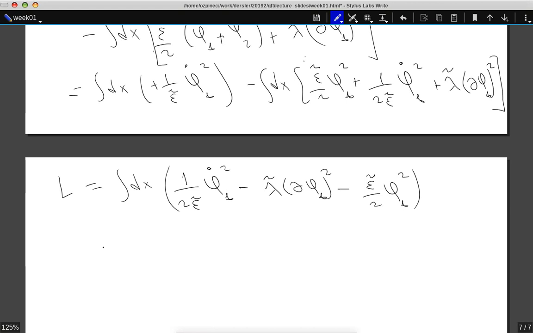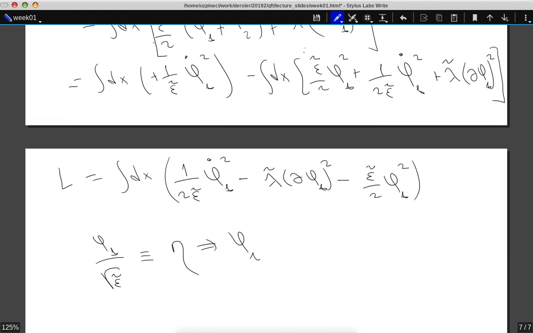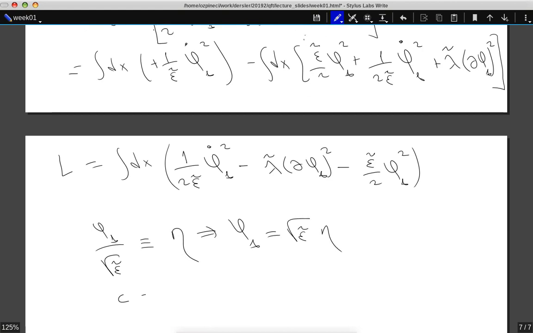I will call phi 1 over square root of epsilon tilde my new field. Well, let me just call it eta. So phi 1 will be square root of epsilon tilde eta.